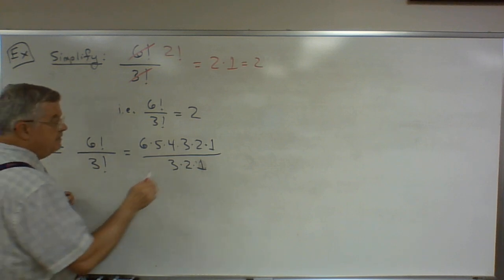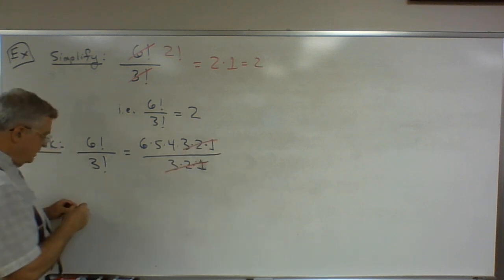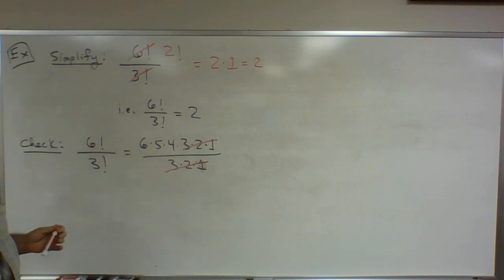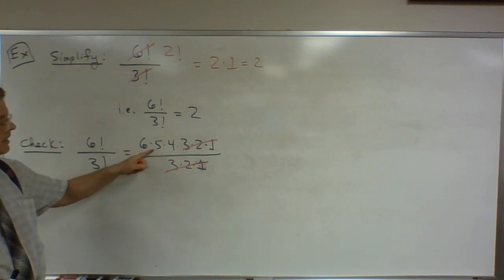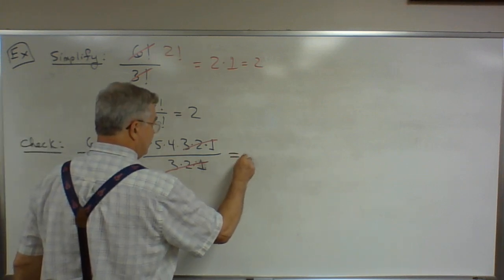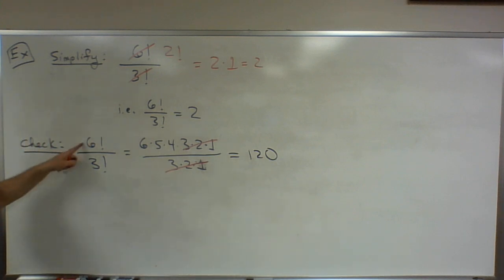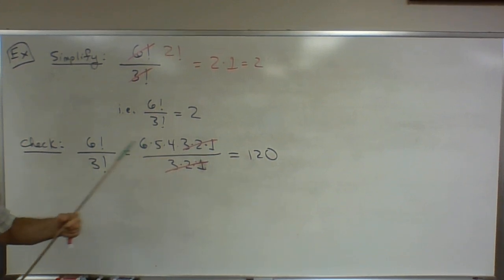Well, we have 3 times 2 times 1 on top, 3 times 2 times 1 on the bottom. But ooh, we got 6 times 5 times 4, that's 120. 6 factorial divided by 3 factorial is 120.